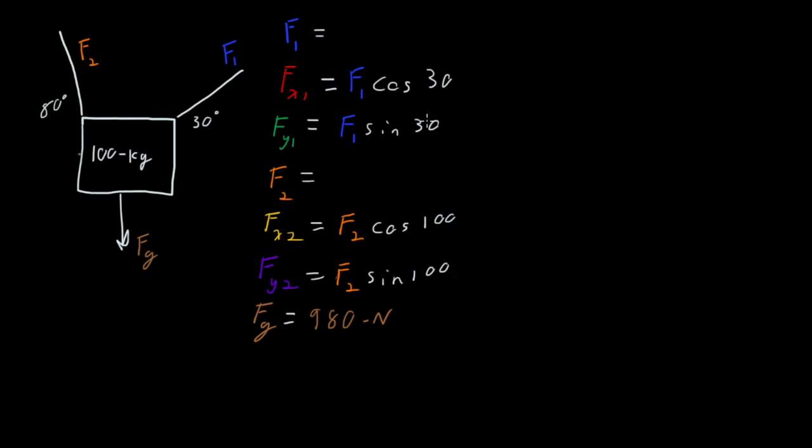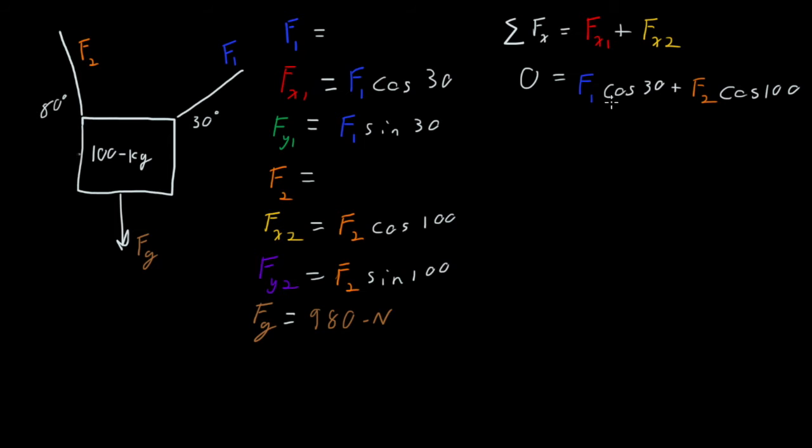So what I want to do now is put together my two equilibriums. I'm going to have an equilibrium of my forces in x, which is going to be equal to force of x1 plus the force of x2. And immediately I'm going to say that that's 0, and I'm going to replace these two with their parent functions. Following that, I'm going to get these two cosines into their actual numbers, and then I'm going to solve for one of these variables.